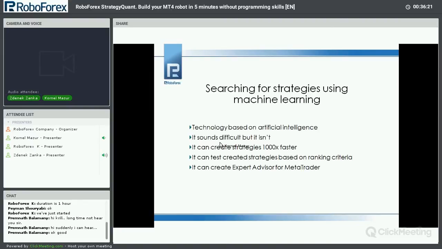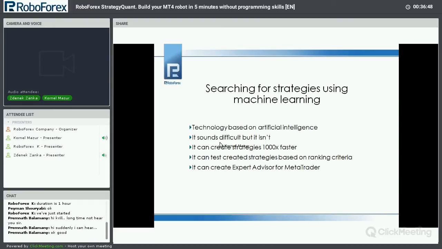But don't be scared, it's not difficult. Just some facts: it can create complete trading robots 1000 times faster than if you did it by yourself.